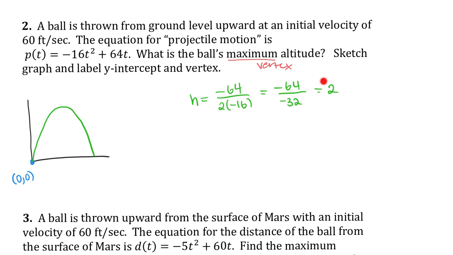Okay, anyways, this is the x-coordinate, but in this case, x is t, so t is time. Do we have units for time? We do, it's seconds, so at 2 seconds. This point is 2 comma something. Maximum altitude, let's plug this back in. What is this called? P of 2.